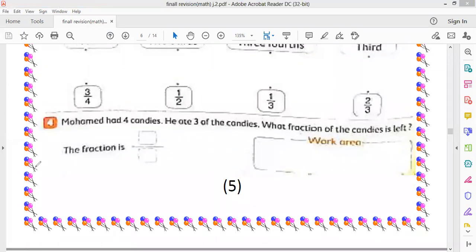Then the remainder is 1. Okay, so the fraction is 1, the remainder, over all the candies, 4. Fourth or 1/4, quarter, or quarters.